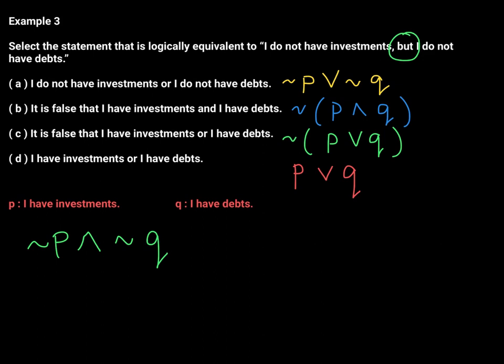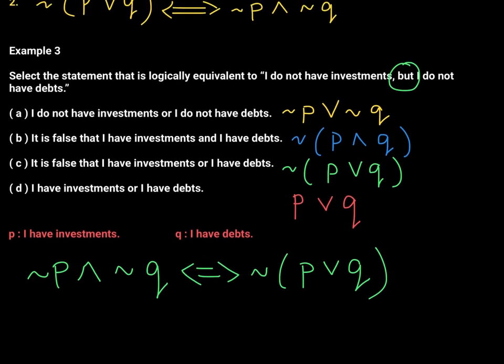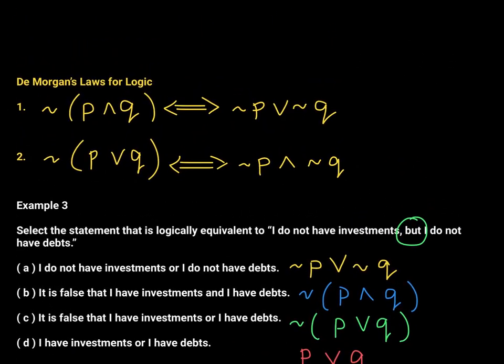Now, I'm going to remind us that De Morgan's law says that this original statement is equivalent to the negation of P or Q. That's from De Morgan's law. I'll scroll back up if it helps. It's this one here.